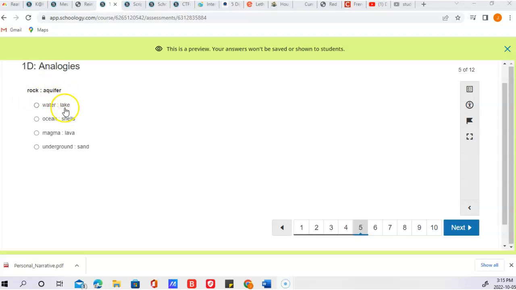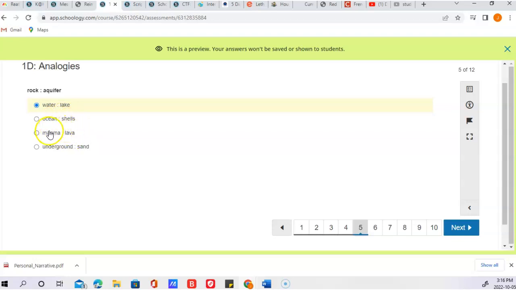Okay, so let's look at these. A lake can be made from water. It can, right? So let's check that one first. Shells can be made from the ocean. Not exactly. That's not exactly how shells are made, right? So that doesn't really fit.